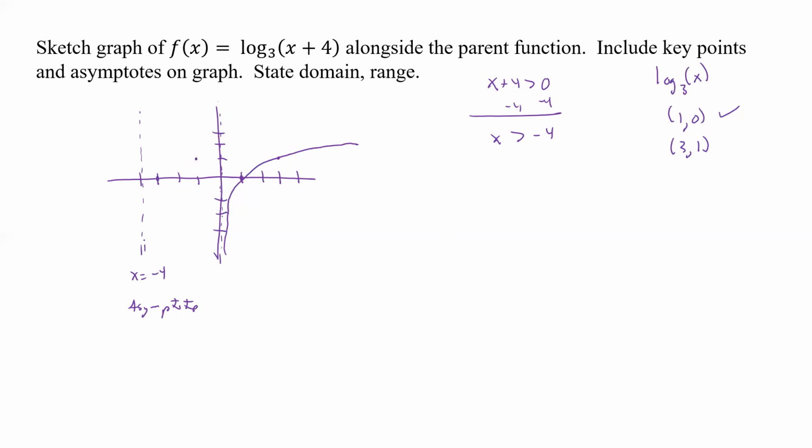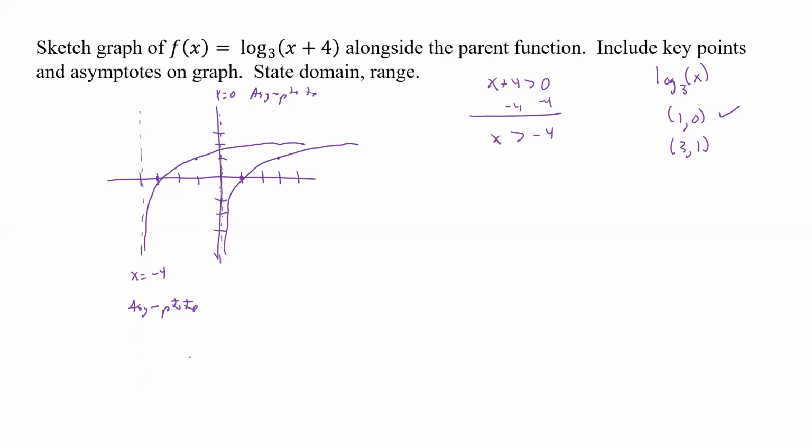And so here, it would give us something like that. Again, my drawing leaves a lot to be desired, and this was our original x equals 0 asymptote, okay? Now, include key points and asymptotes on a graph. So that was the first original asymptote. Then we moved it to this as a new one, and our domain and range.